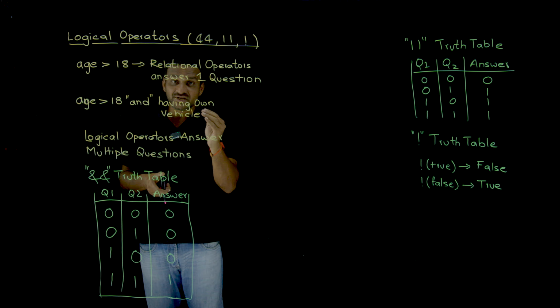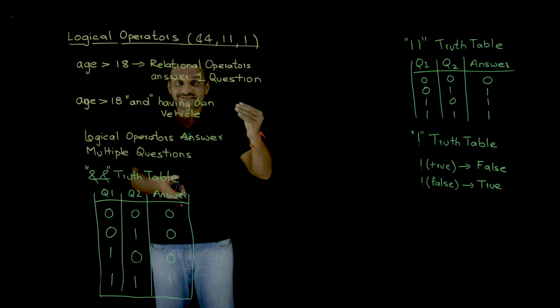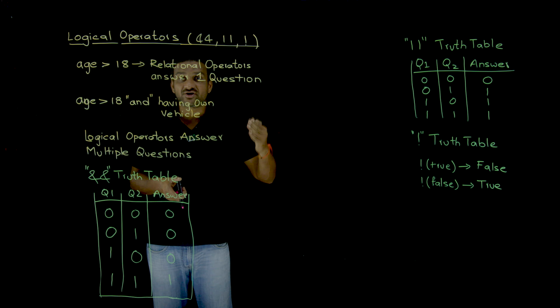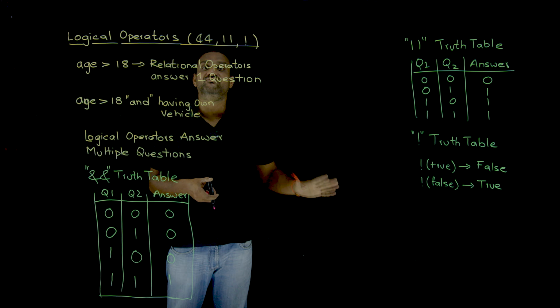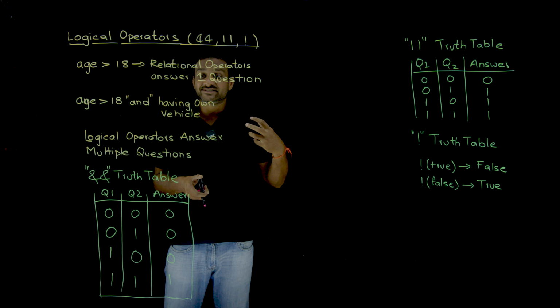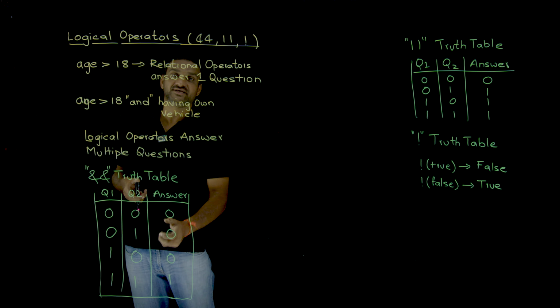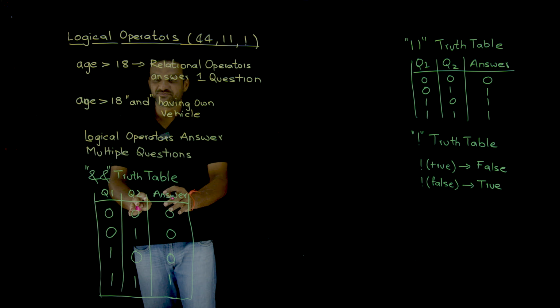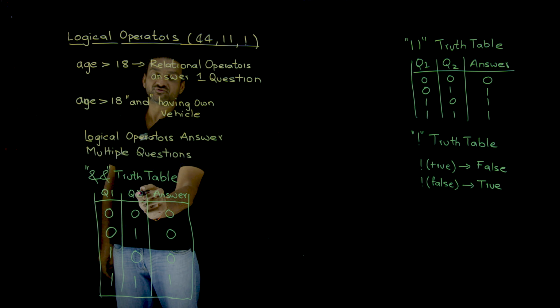What does this truth table state? The truth table is a way to understand in what conditions we produce an answer of 0 and in what conditions we produce an answer of 1. The final solution is provided by this truth table. Let's understand this. Q1 and Q2 mean question 1 and question 2.